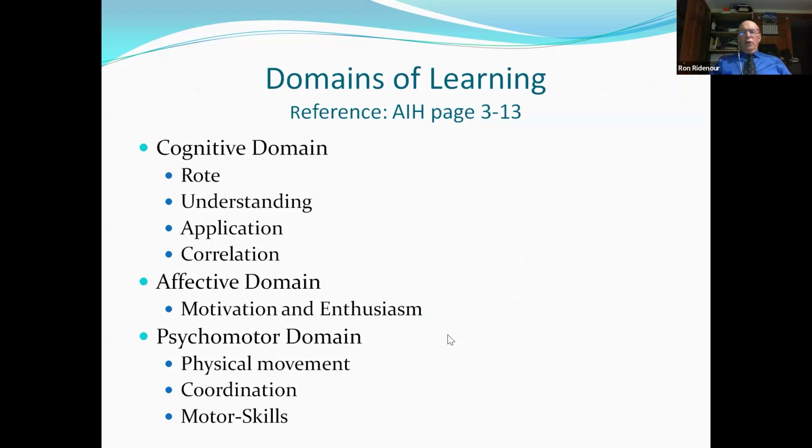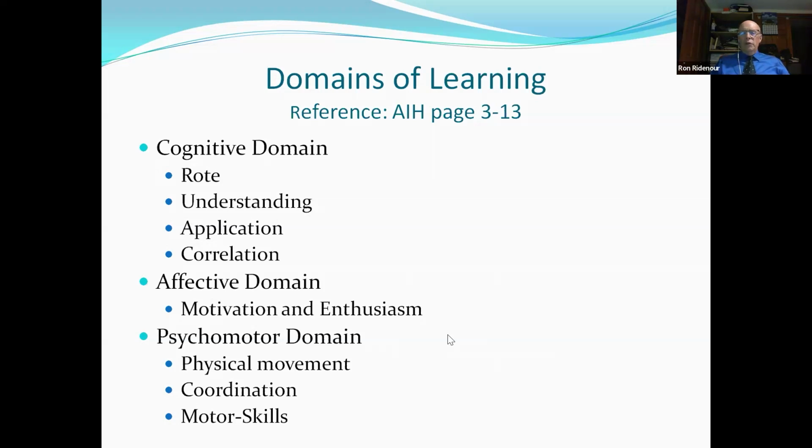We learn many things by rote. However, our duty as a flight instructor is to try to teach at a higher level than that, because rote is just what it is. It's memorization.